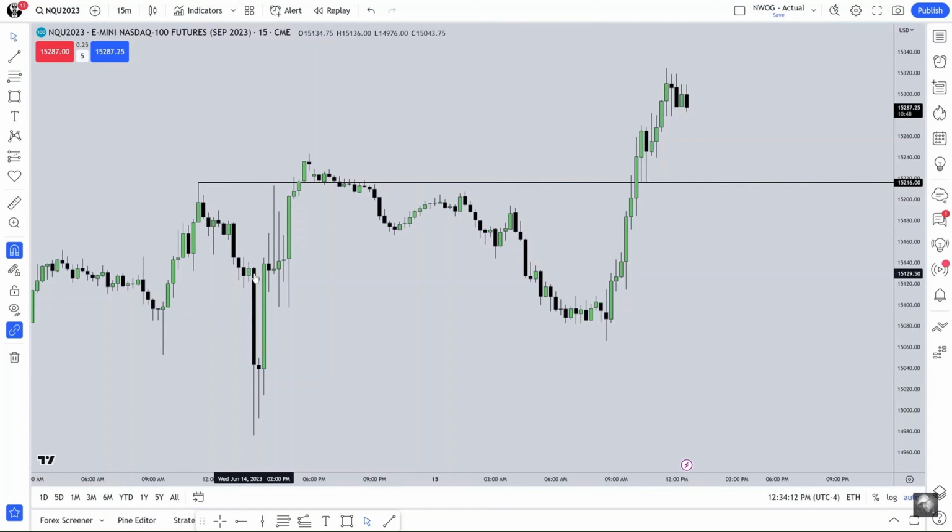Okay, a key reversal would be a day where it's like this, and all of this movement here would be absent from the chart, and you would just see the market would be here one day, and then the next day it would be gapped down here, and then the next day it would be gapped up here. And all of this movement would be invisible.